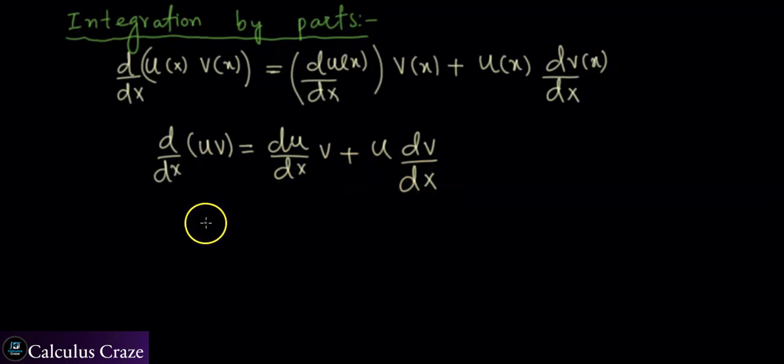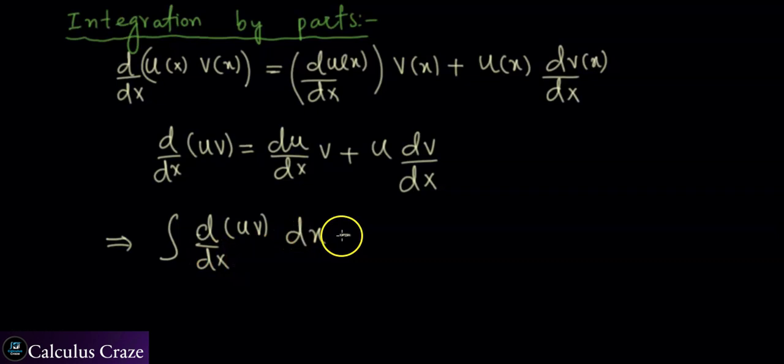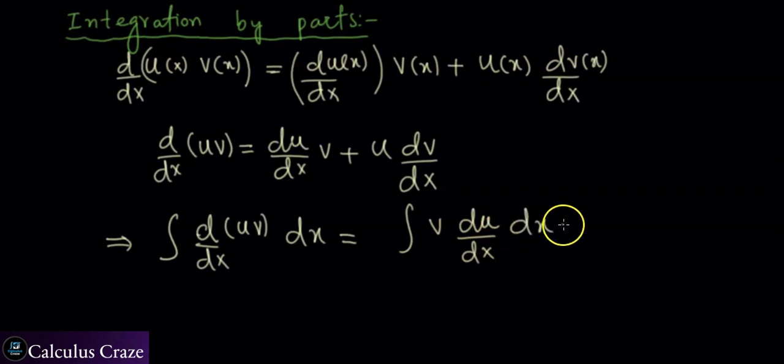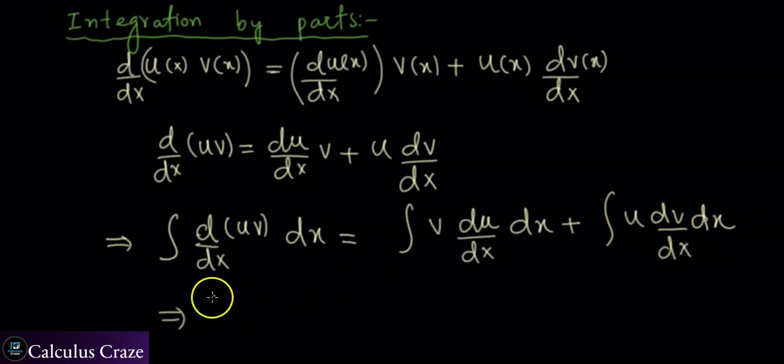From here I can use integration by parts. Let's integrate with respect to x on both sides. So I can write this way, plus u times dv over dx, and roughly this will cancel with this and this will cancel with this.